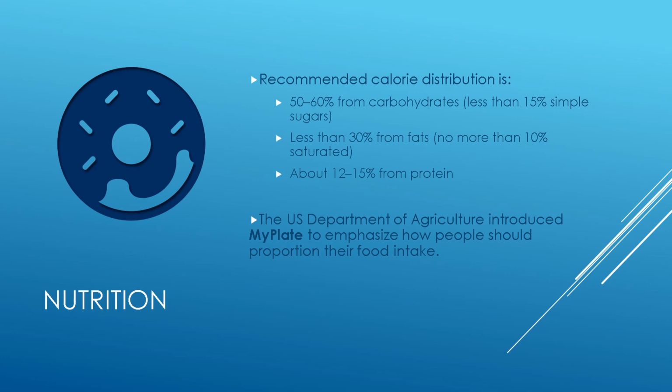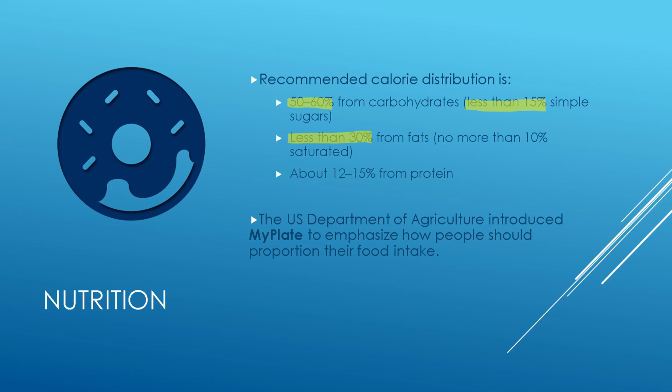Different populations around the world eat really radically different diets that are adapted to their particular lifestyles. However, many experts recommend the following distribution of calories. About 50 to 60% from carbohydrates, with less than 15% from simple sugars, less than 30% from fats.